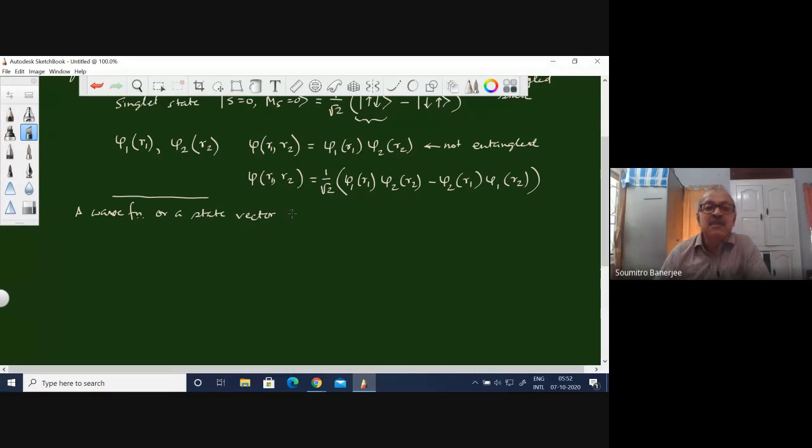So state vector representing the state of the system of the particles in an integral state. So a wave function or a state vector represents the state of the particles in an integral state.